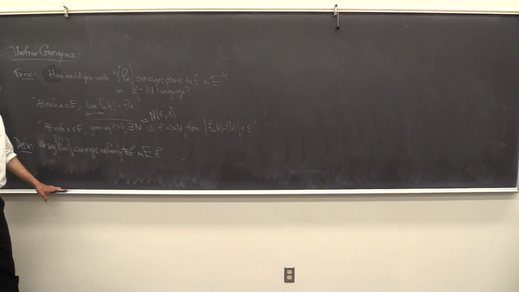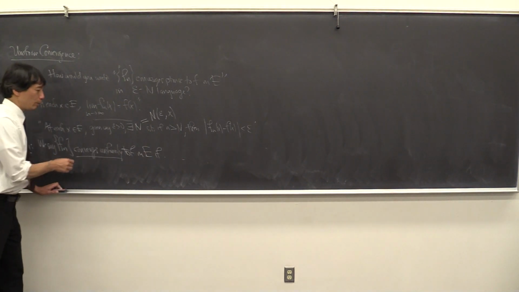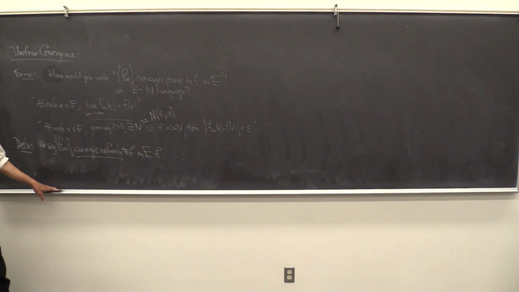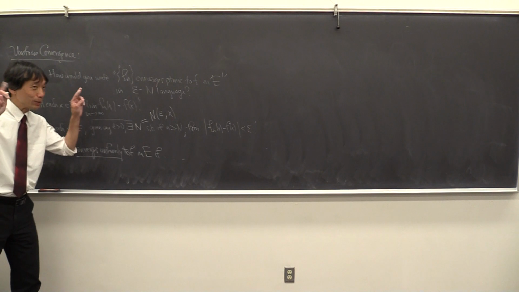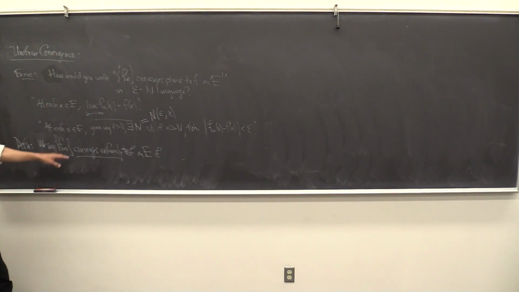Anybody guess what I'm going to say here? Converges uniformly. Go ahead. Is it if the same delta works for all x's? Yeah, the same delta, but it's an N. Yeah, exactly. So works independently of x.